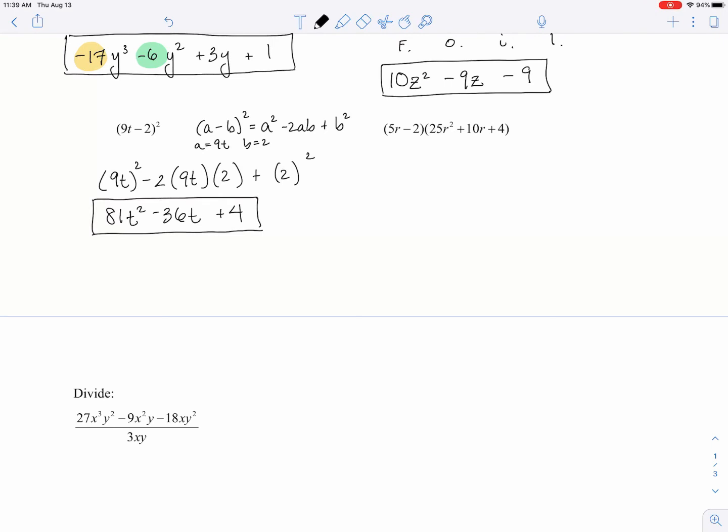This next problem is a good chance for us to break out the grid method. Let's see, 25r squared plus 10r plus 4. And this is 5r minus 2. And we're going to make a little grid here.